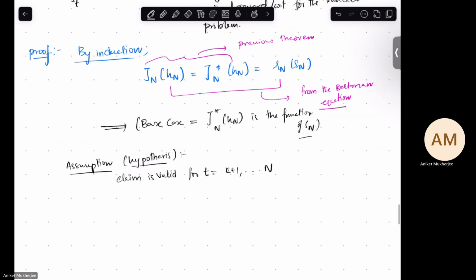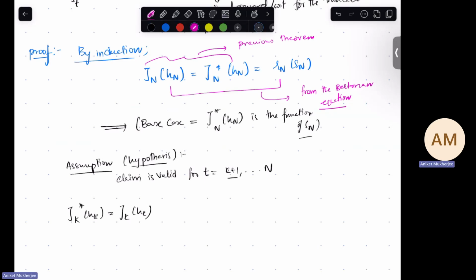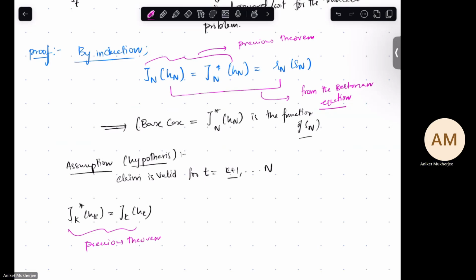So it's valid for k plus 1, right? So J_k star of h_k is equal to J_k of h_k. This is from the previous theorem. Okay.